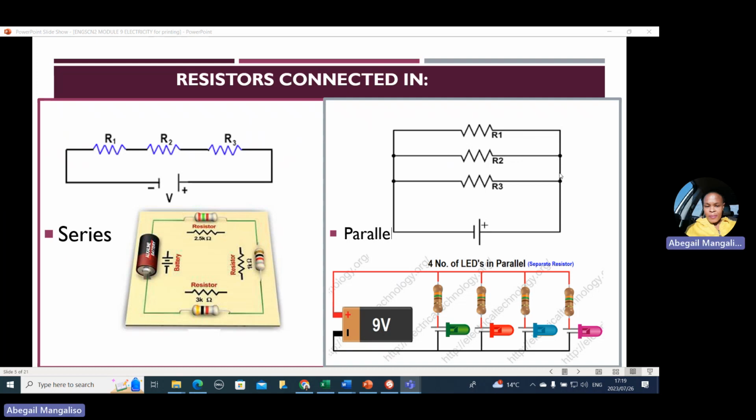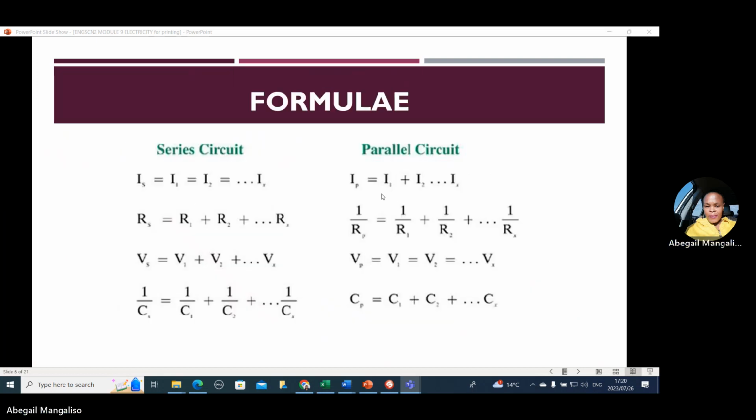Since the current branches, the total current will now be divided into I1, I2, and I3. So the formula for a parallel connection when it comes to current: IP, which is the current in the parallel section, will be equal to I1 plus I2 up to the number of resistors that are connected in parallel. So you add, but in series, it is the same.